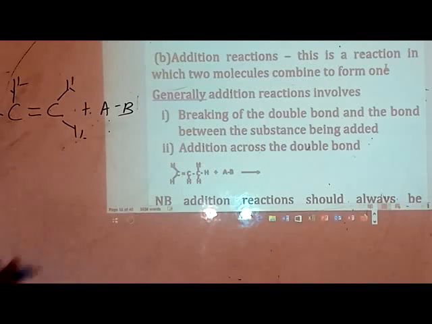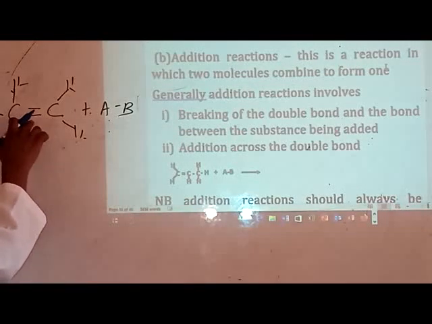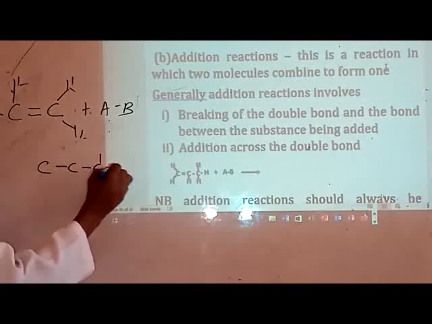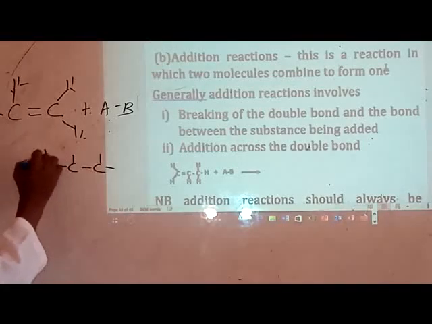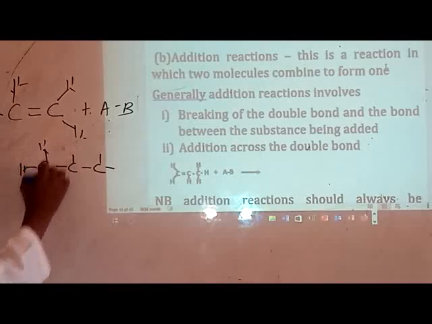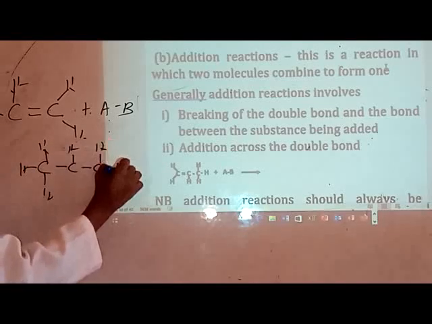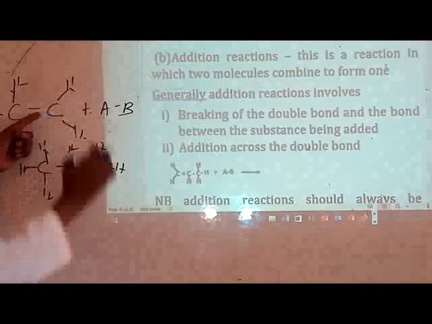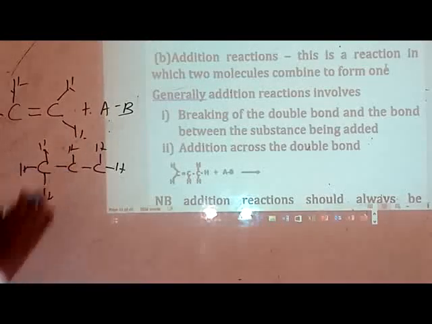The first thing that will happen is that this bond is going to be broken. So what do you get when you break that bond? You get something that looks like that. What have I done? Just broken that bond. Written this the way it is. It has 2 carbon. This one has only 1 carbon.